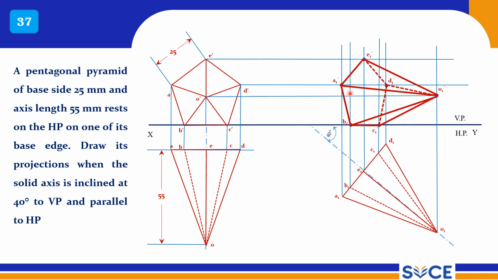So connect all the points to the apex, and A to O should be a thick line, and B to O should be a thick line, and C to O should be a dotted line, but it is the outermost line, so no need to worry about it. And DO is a dotted line. So this is the final front view of this problem.